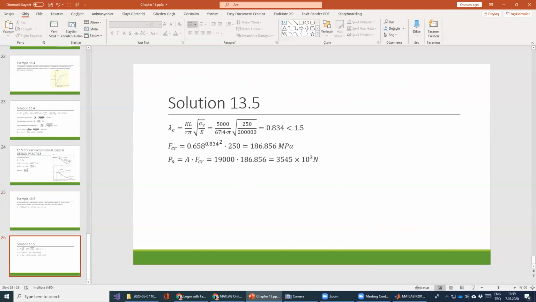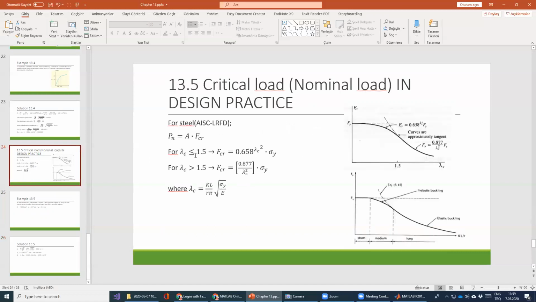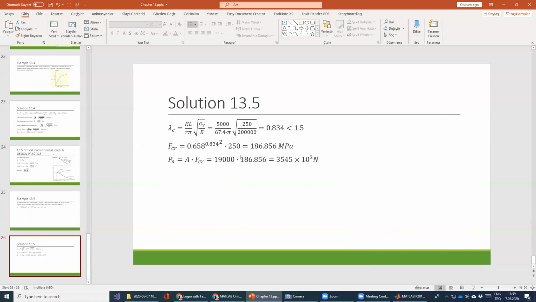First of all, I compute lambda C. You can see it is lower than 1.1, and therefore I use this formulation. After using it, we obtain the sigma critical load. After multiplying the sigma critical load with the area, we obtain the nominal force. That's it, not complicated, very easy.